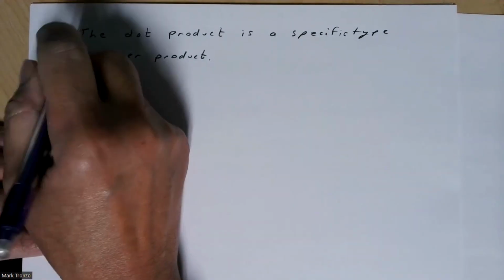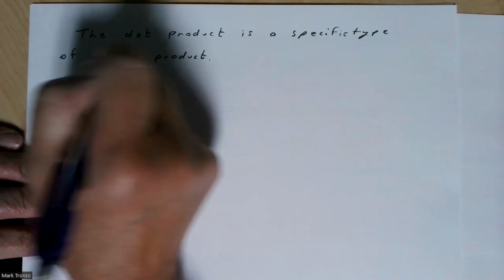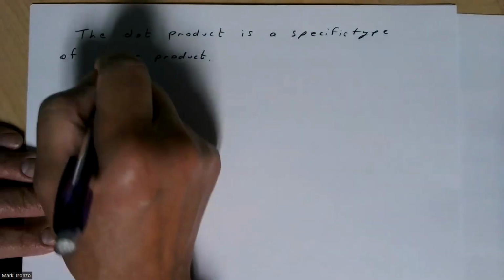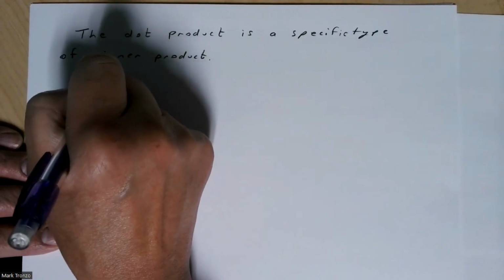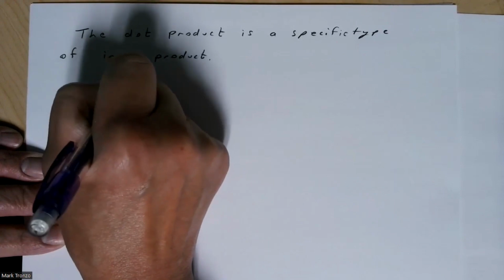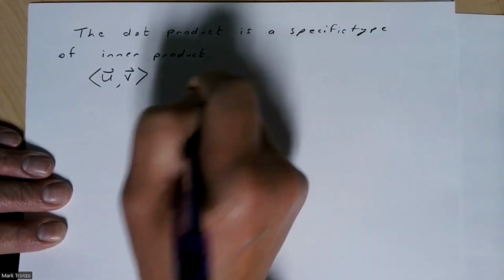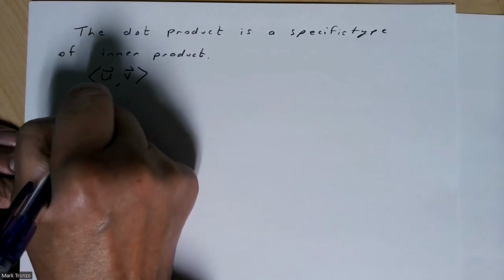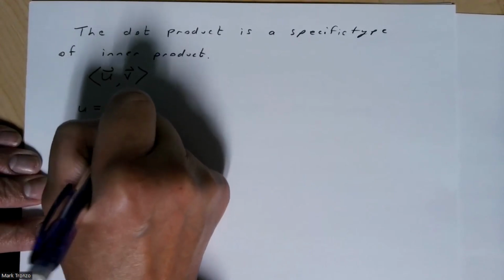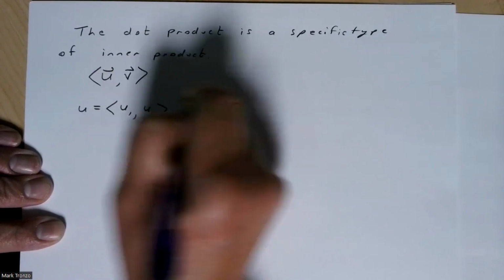And you remember the dot product was simply if you have U and V, two vectors. It could be two-dimensional or three-dimensional vectors.